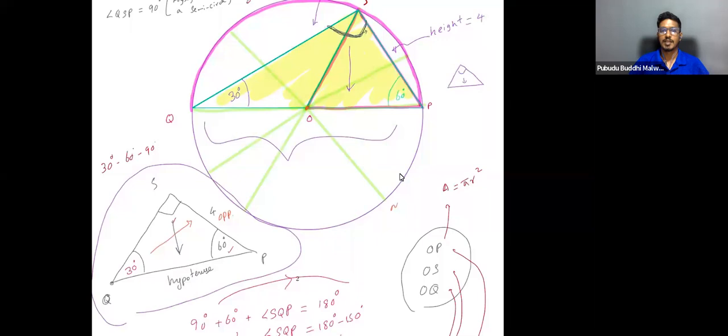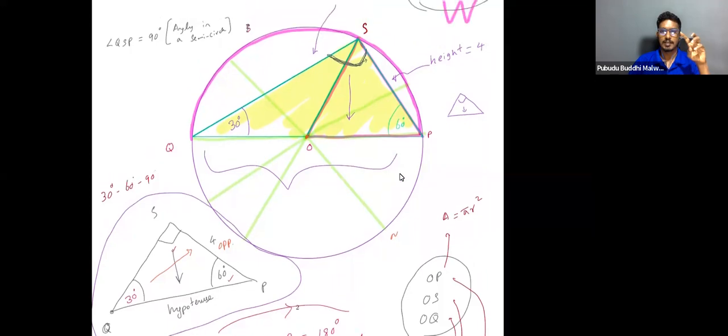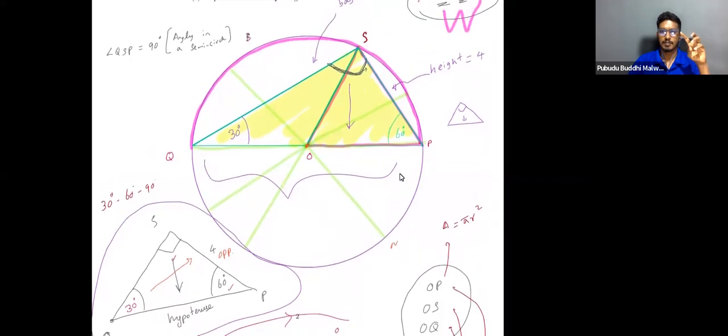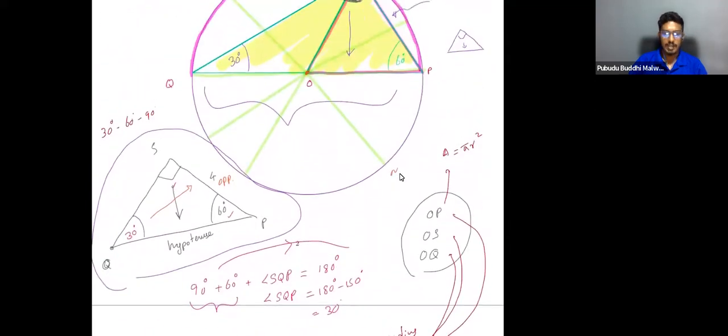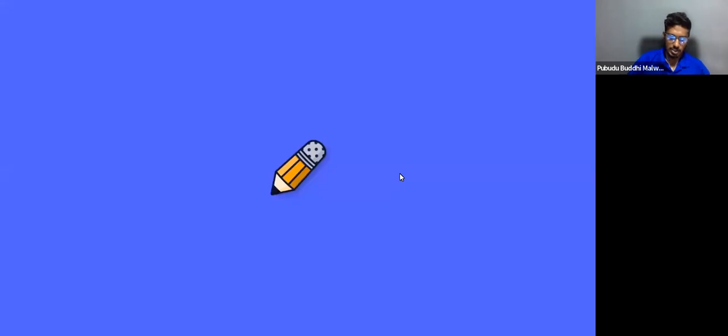So sum of interior angles of a triangle. Then let me draw that triangle separately. QSP, how would you compute QS? Because that's the base of this triangle, right? So for that we use 30, 60, 90, that ratio.